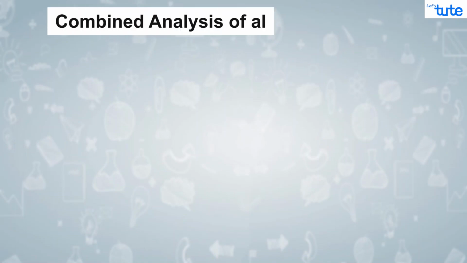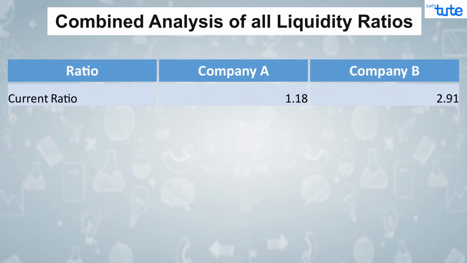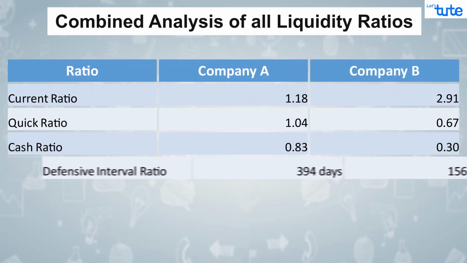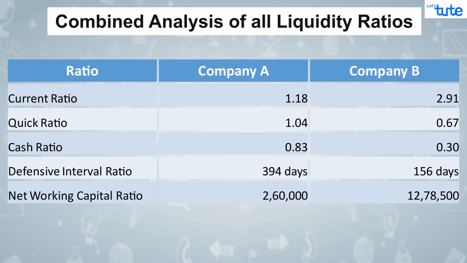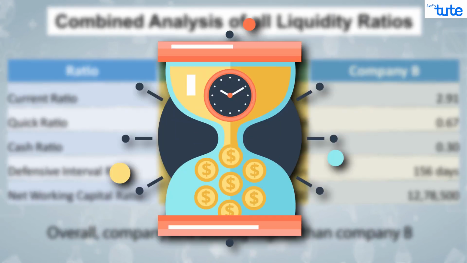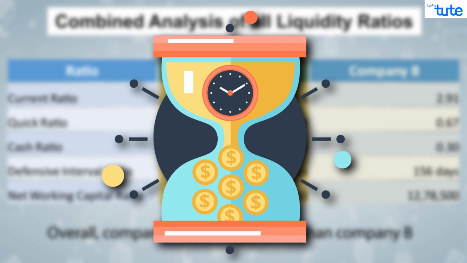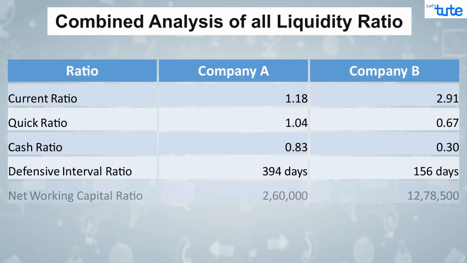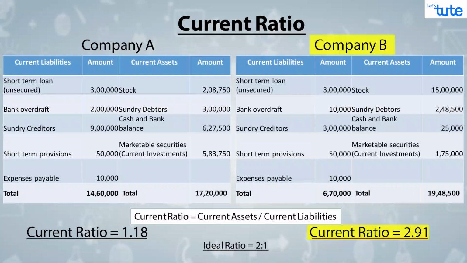Now let's see the combined analysis of all 5 liquidity ratios to know which company has better liquidity status. On an overall basis, company A is scoring higher as compared to company B. It means it is managing its cash flow efficiently. But let's closely look at few things in detail. Company B's current ratio is higher, that is 2.91, compared to company A's, which is 1.18.